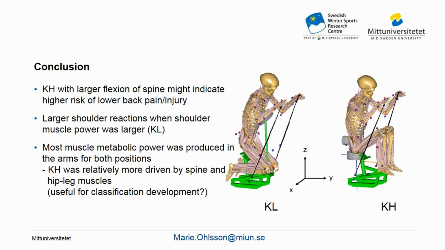The hypothesis in this study was that a larger spinal flexion would have caused the scapula to somehow rotate forward and downward in the sagittal plane, if you would see it from the side, and thereby depress the acromial process onto the glenohumeral joint, and thereby reduce the subacromial space, which I showed you in the beginning with this red circle, and in that way increase the joint reaction force in the shoulder. But the results showed the opposite, that a lower spinal flexion was related to higher values of shoulder joint reaction.